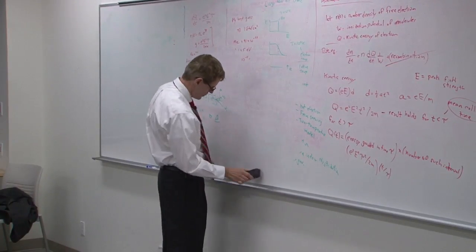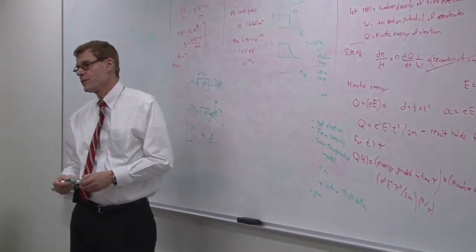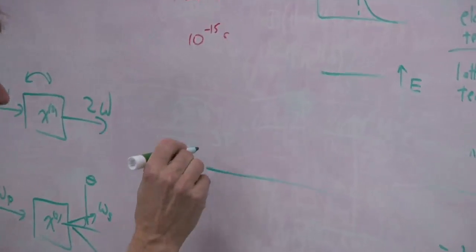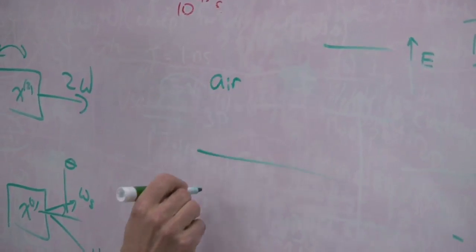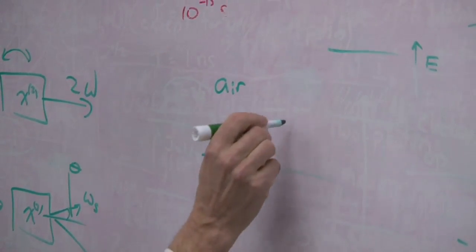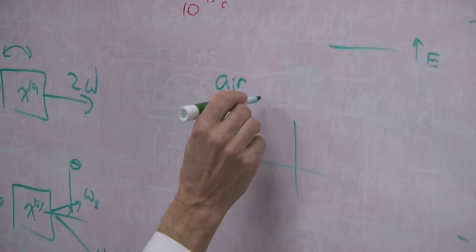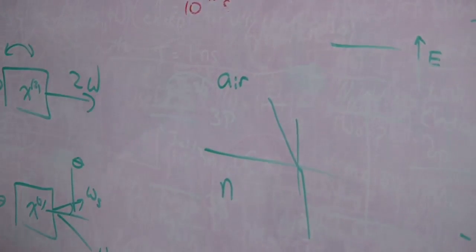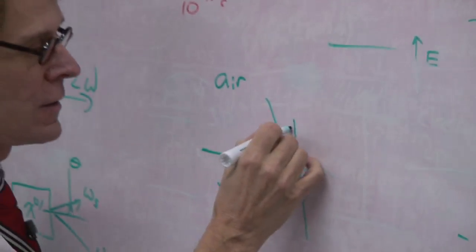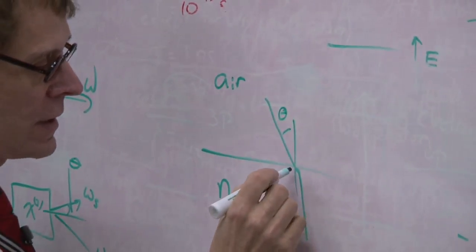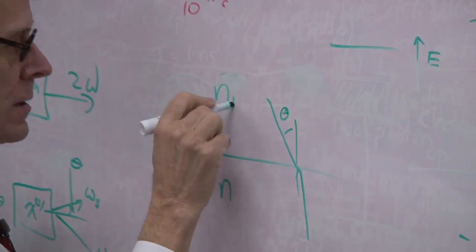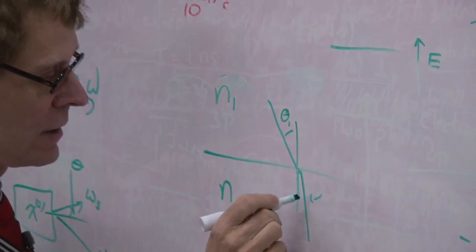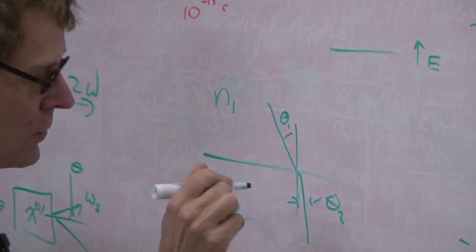Well, it's called the refractive index because it determines how refraction works. So if you have air and you have a material, and a ray of light coming in, it will bend toward the normal. Let's call the indices n1 and n2, and the angles theta 1 and theta 2.